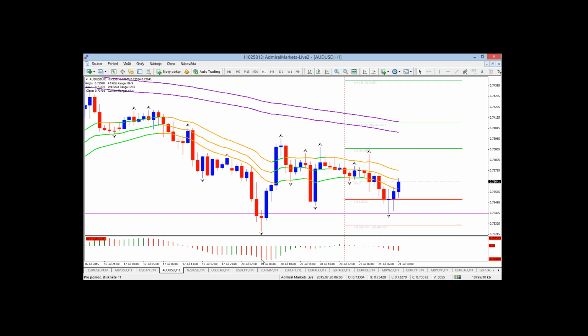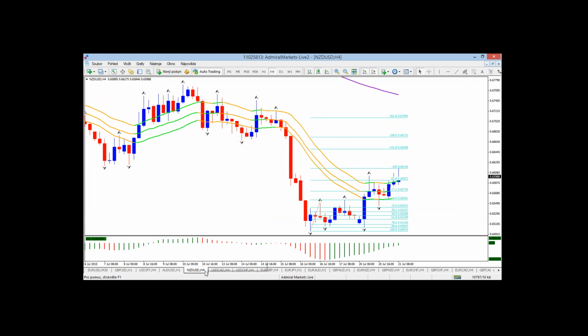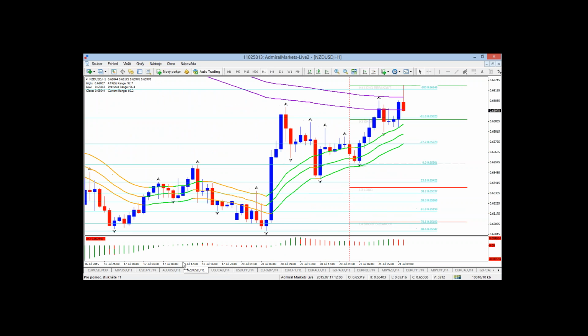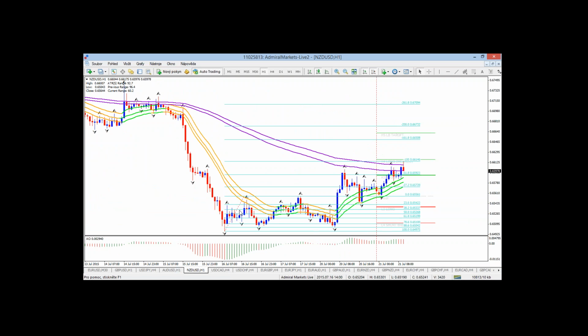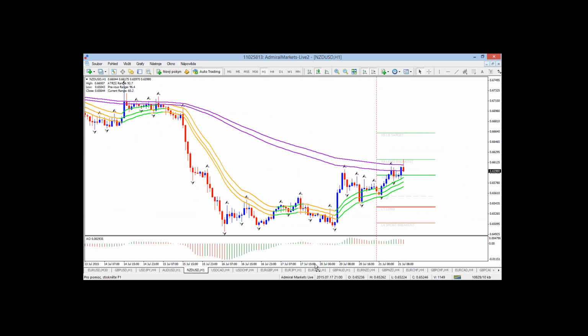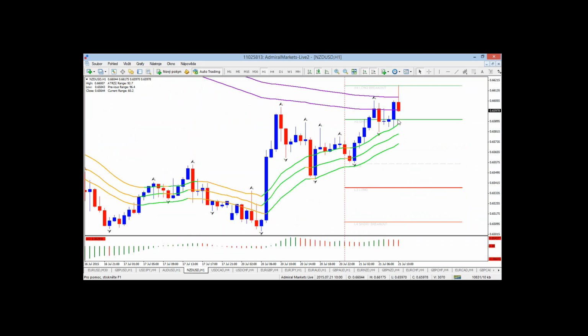Alrighty. The Kiwi is a bit in a tight spot because it has the 144 right below it, but it's right at the 21 below it, sorry, and the 144 right at the 144.